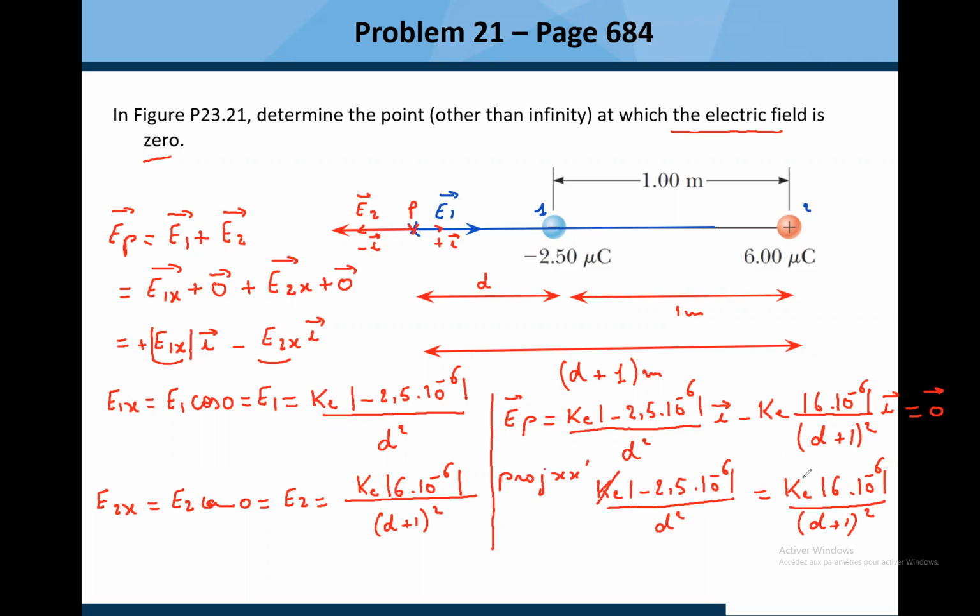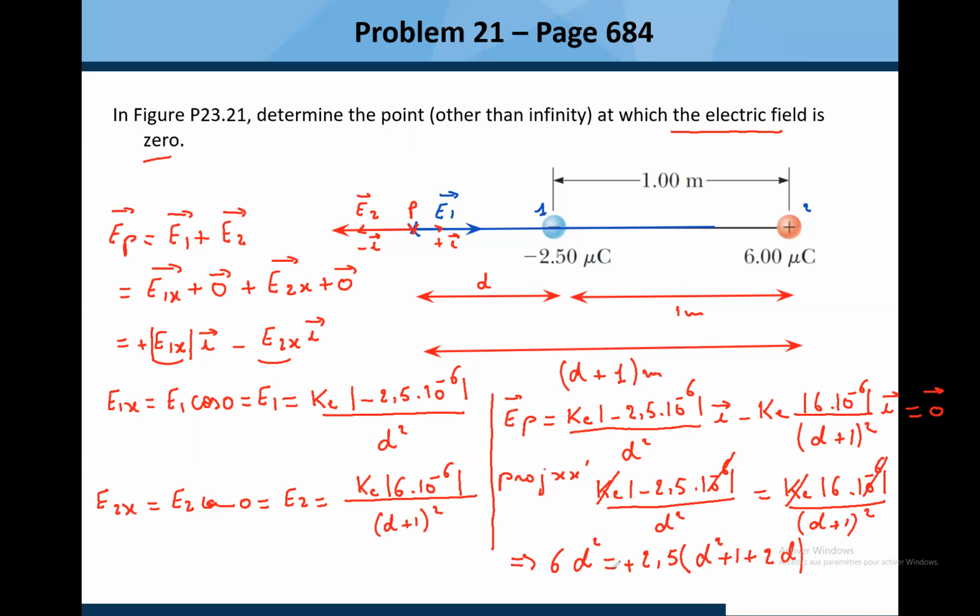We can cancel k, we can cancel 10 power minus 6. Finally, 6 d square equal, plus the absolute value, equal 2.5 times d square plus 1 plus 2d.